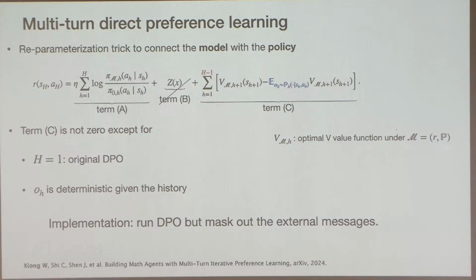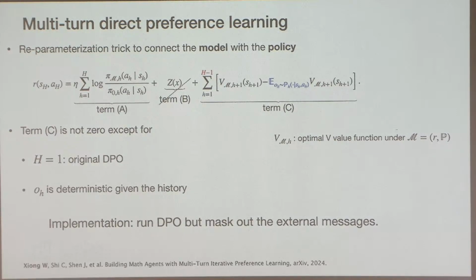What we see is that in addition to a term A, which is similar to what we have in single-turn DPO, we also have a term C, which is the difference between a random V-value and the V-value, but we take the expectation in terms of the external message here.